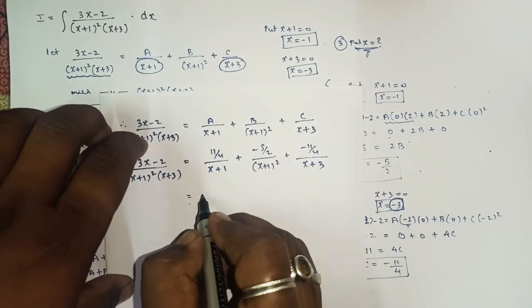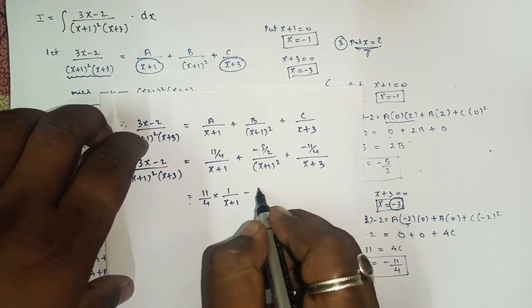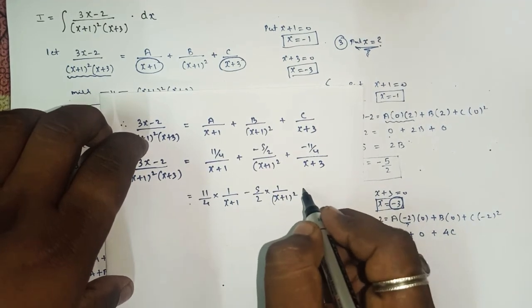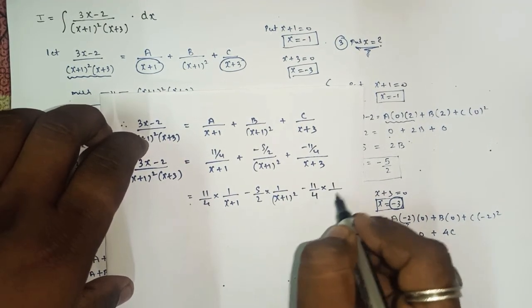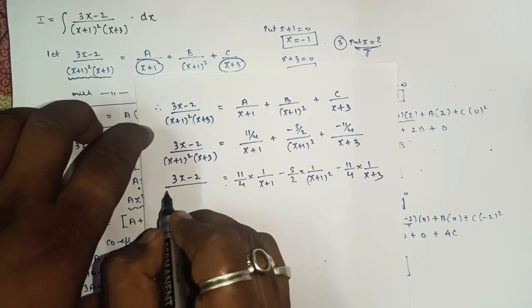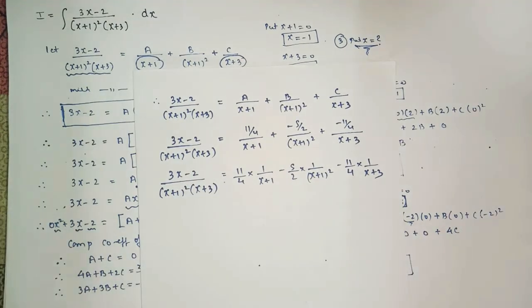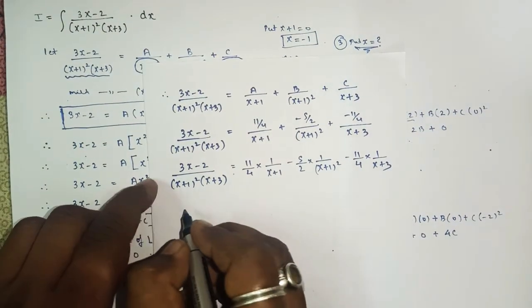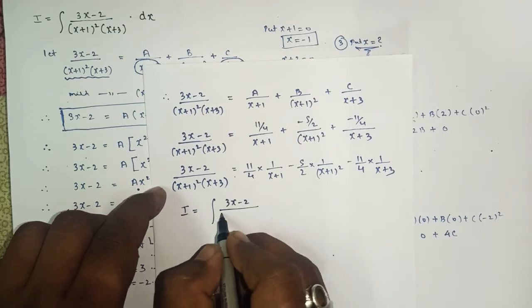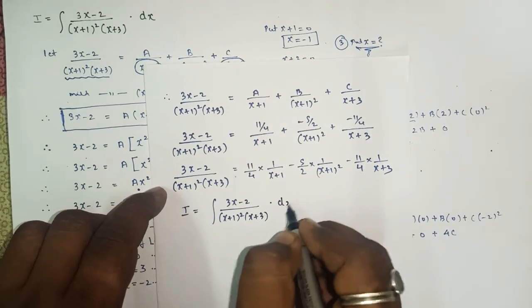Okay, so this can be written as 11 by 4 into 1 upon x plus 1, minus 5 upon 2 into 1 upon x plus 1 the whole square, minus 11 by 4 into 1 upon x plus 3. After this we know that I is equal to the integral of 3x minus 2 upon x plus 1 the whole square times x plus 3, dx.